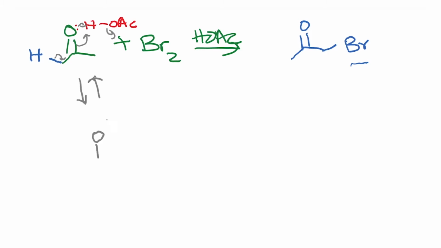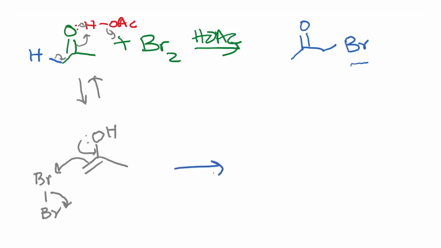So you will have O and H, and a double bond over here, right? The methyl remains intact. Now, being an enol, you can propose that this enol can react with Br2.